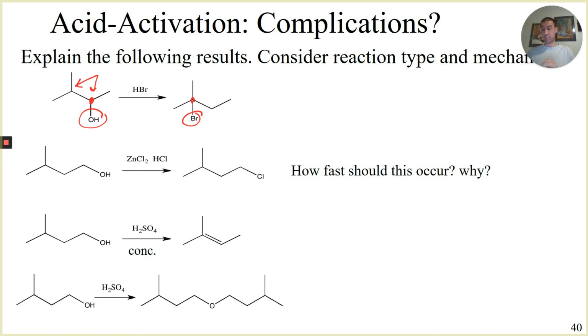So I could be doing an elimination. I could also be doing just a standard substitution, because a substitution would allow me to do a shift as long as I could form stable intermediates, which means looking at an SN1 mechanism.